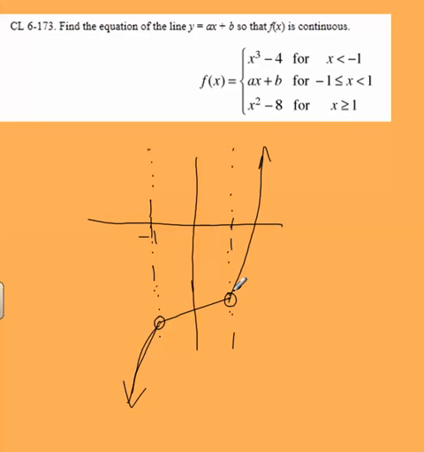Well, we can solve for that algebraically. We're looking for what makes this equal -1. So let's solve. So x cubed minus 4 equals -1. Add 4 to both sides. x cubed equals 3. So we're looking for the cube root of 3.